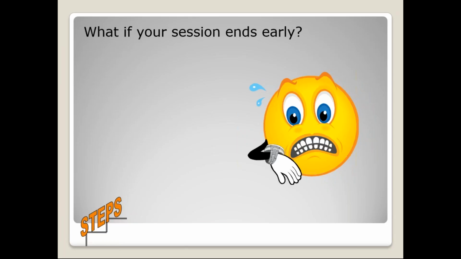So you have to keep them seated for the full 25 minutes, or it starts to disrupt all the other sessions. And teachers are much like kids. They don't like to just sit. They want to get up and go. So we recommend that you have planned some sponge type activities. And if worse comes to worse, and you see, oh wait, I'm running faster, I have 15 minutes left and I only have 5 minutes of presentation.